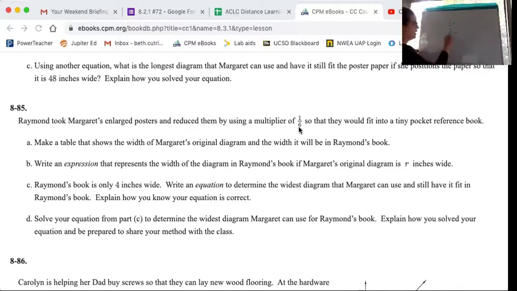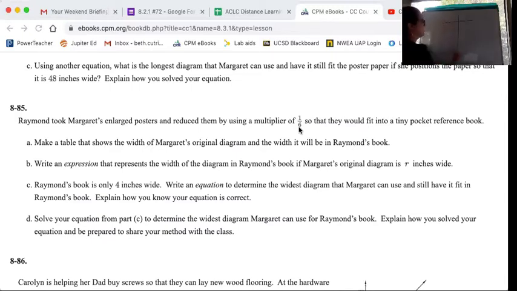I think he probably wouldn't say a multiplier of 6, however, if it was 2/6 or 3/6, because he would say that was a multiplier of a third, or a multiplier of a half. So it just seems perfectly random to me. So I think we'll just stick with 1/3 being our multiplier in this problem. So we want to make a table that shows the width of her original.